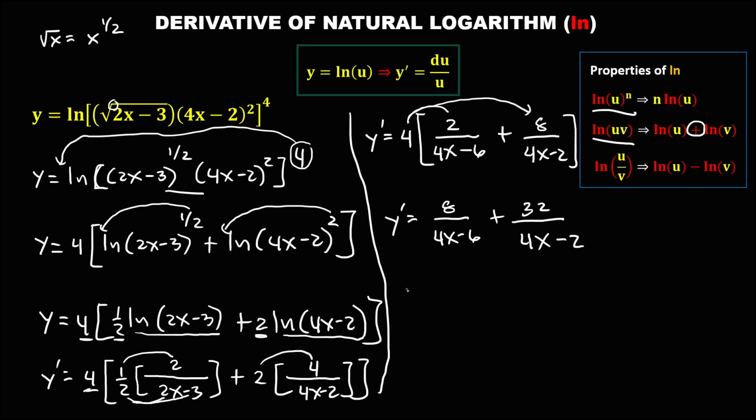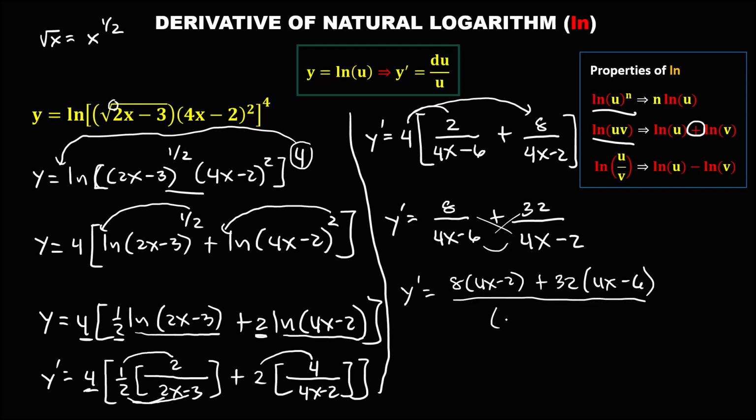So we have y prime equals 8 times 4x minus 2, then plus multiply, that's 32 times 4x minus 6, then over, just copy the denominators, 4x minus 6 and 4x minus 2.